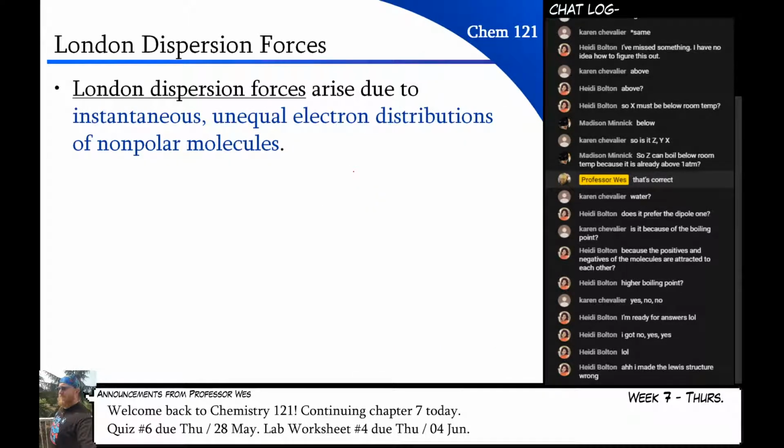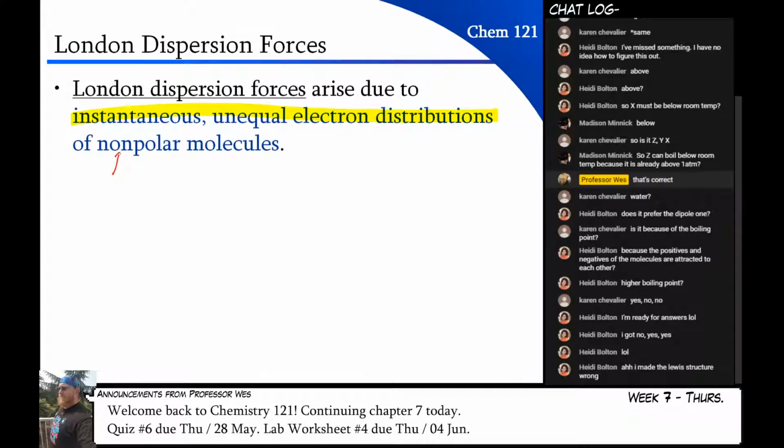When you have electrons in a molecule, and those electrons move about randomly, at some period, they will have an uneven distribution. They will not be exactly distributed over the molecule. When that happens, you create a London dispersion force.